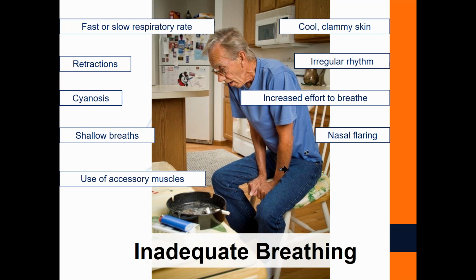Once the blood has dropped off its oxygen and goes back to the right side of the heart and goes to the lungs, it's got like no oxygen and a lot of CO2. Once it offloads that CO2, picks up oxygen, goes to the left side of the heart, it goes out in the systemic circulation, eventually makes its way down to the cellular level. Now it has a lot of oxygen.